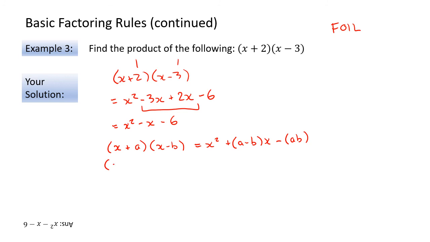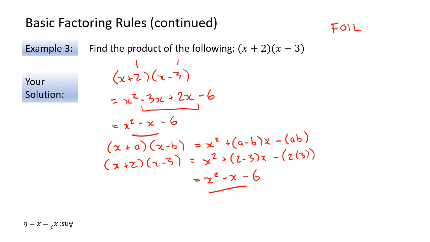So in this case, we have x plus 2 and x minus 3. So that's equal to x squared plus 2 minus 3 x, minus, in this case, a and b, so 2 times 3. So if we solve for that, we get x squared minus x minus 6. So we get the same answer either way you want to do it.